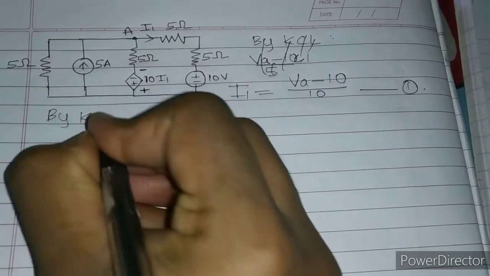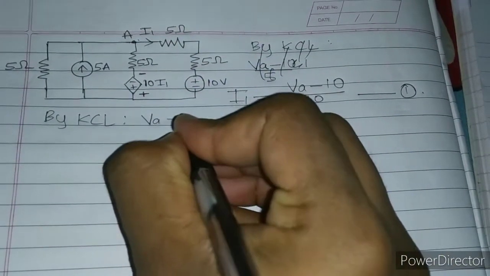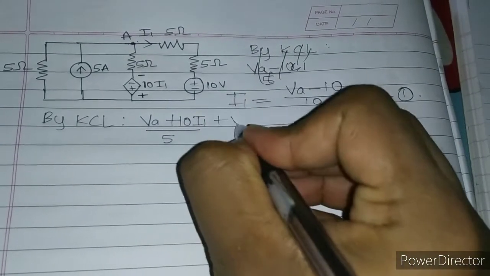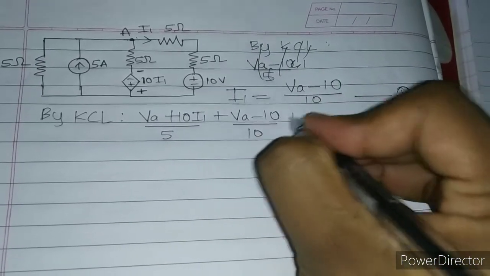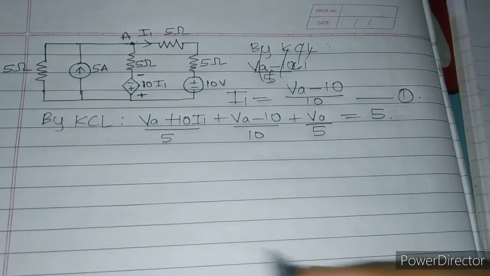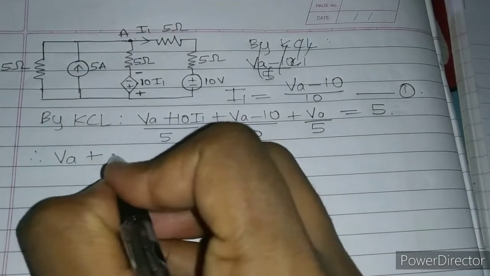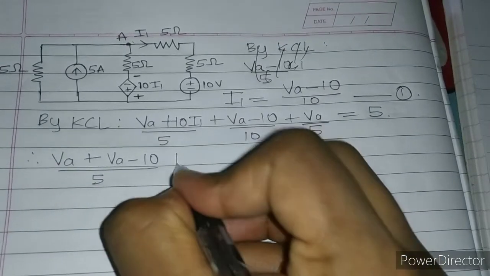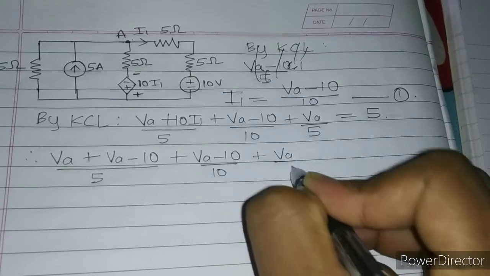By KCL at node A, we get VA plus 10 I1 upon 5 plus VA minus 10 upon 10 plus VA by 5 is equal to 5. Therefore VA plus VA minus 10, as 10 I1 is equal to VA minus 10, divided by 5 plus VA minus 10 upon 10 plus VA by 5 is equal to 5.